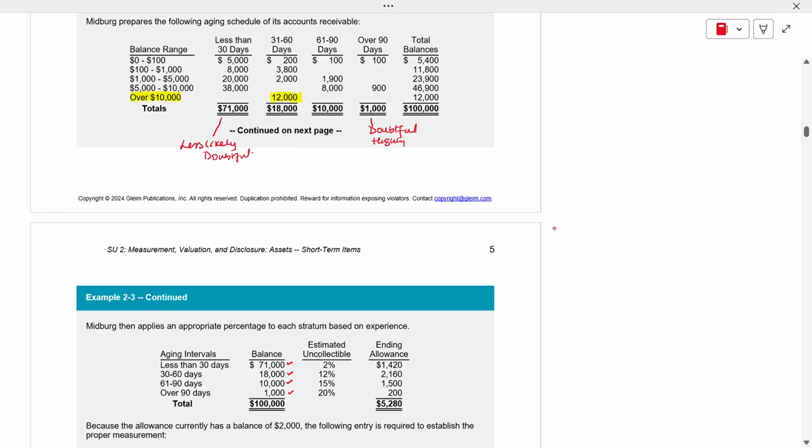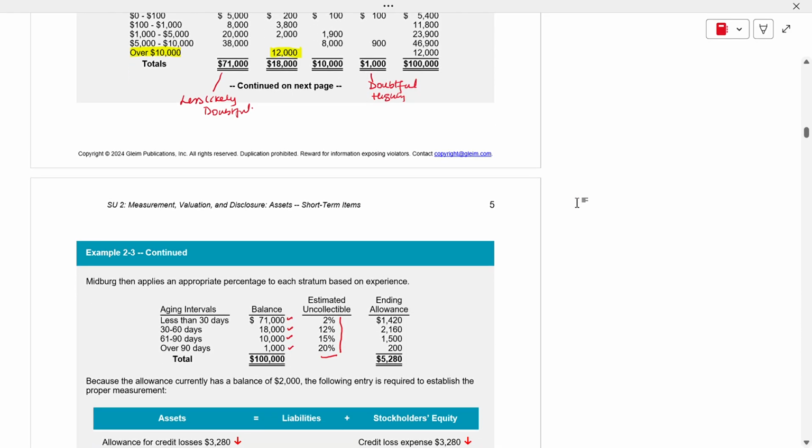They estimated uncollectible, taking the amount times 2%.